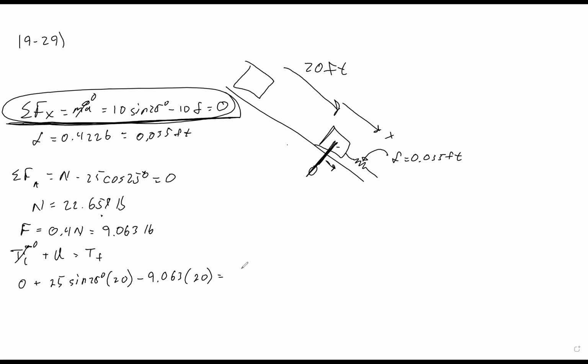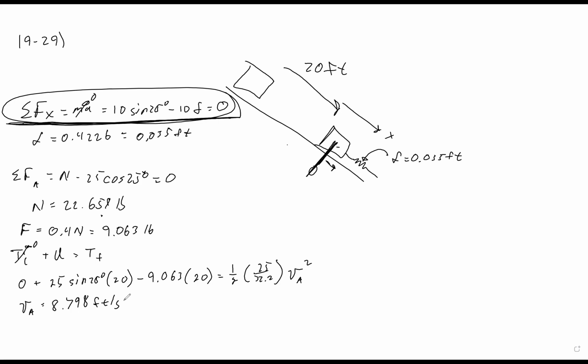And then this is equal to the final kinetic energy of 1/2 the mass, which is 25 divided by 32.2, and then the velocity of A squared. Okay, so the velocity of A ends up equaling 8.798 feet per second.